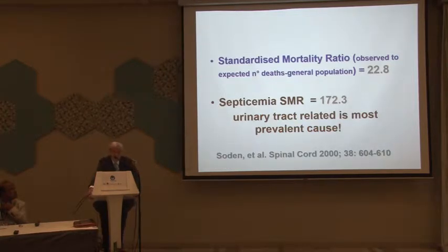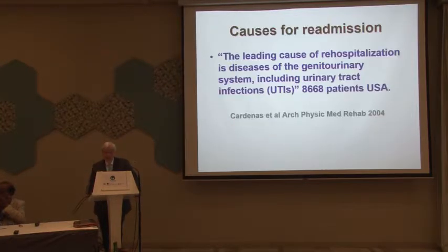The standardized mortality ratio based on urological causes is still at this date about 10 times higher, and septicemia is still about 170 times higher than in the general population, most of it related to the urinary tract. So we still talk about a topic that needs quite some attention.